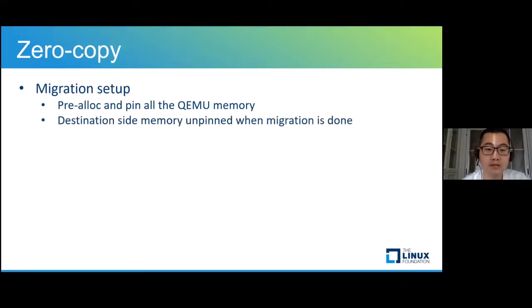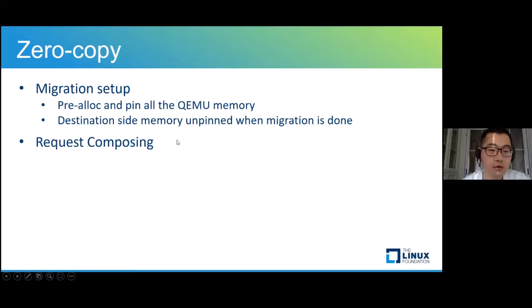On the destination side, the memory will be unpinned when the migration is done. But this is not needed in the future when we have a VFIO based driver, which I will introduce in our future work.